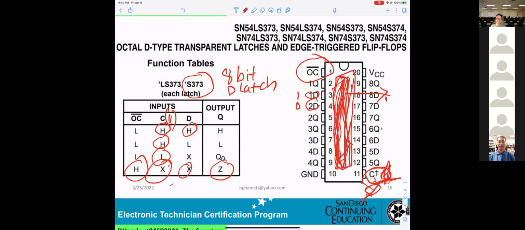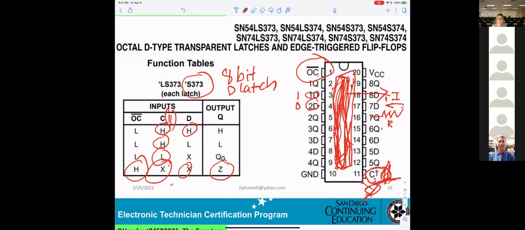However, I can tell you, when it's high impedance, that means at the output, right here, it looks like they get a very big resistance. Very high resistance. The reason is they don't want any current flowing into the IC when they're not using it.